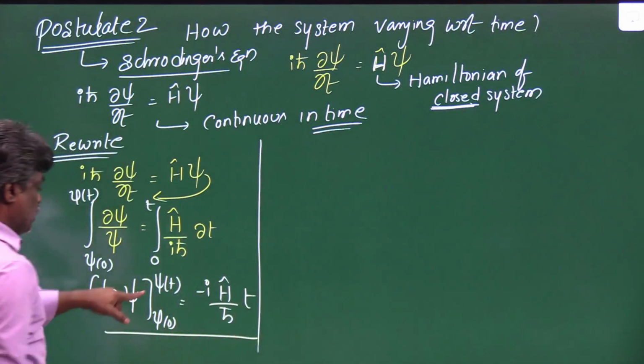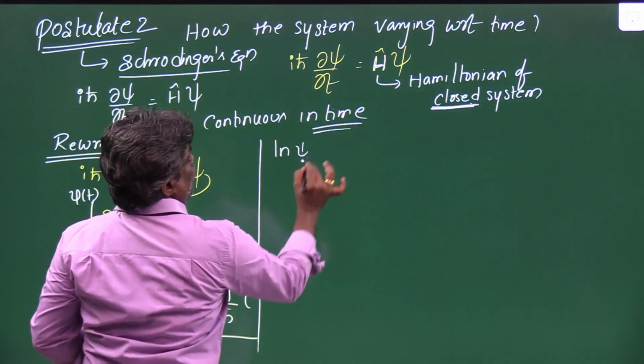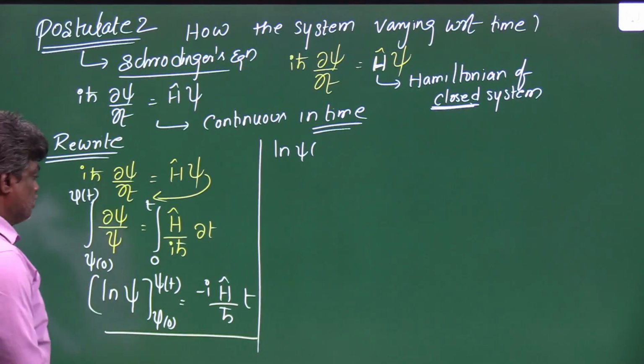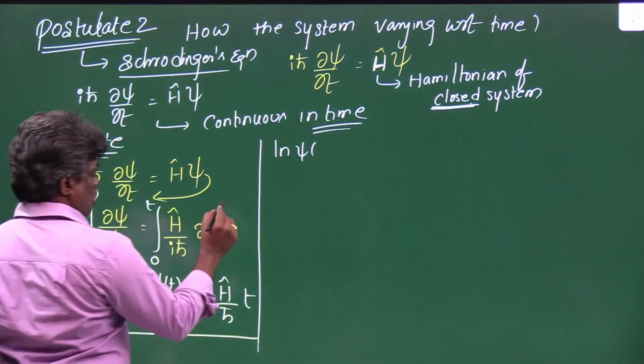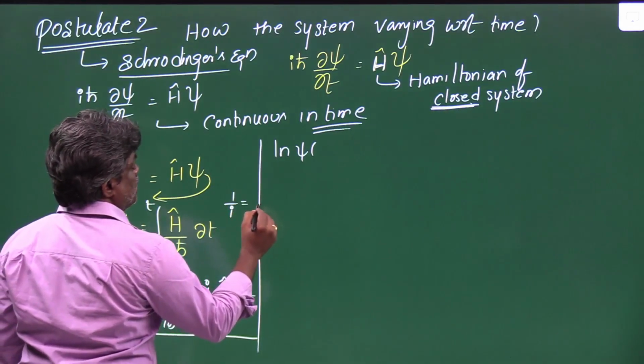Now, please substitute the upper limit and lower limit. Log. Which one, sir? 1 by iota. 1 by iota is nothing but minus iota.